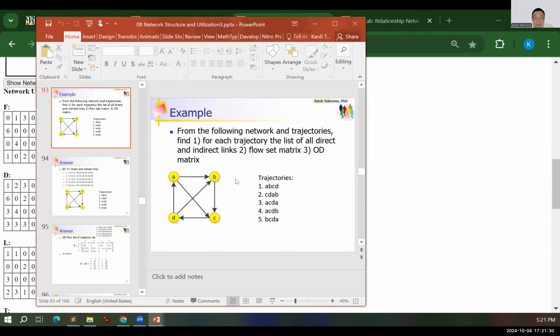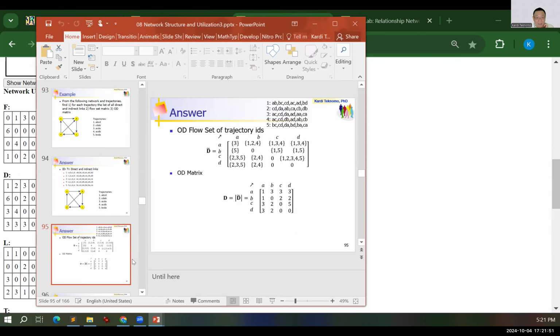You have this network, A, B, C, D, only four nodes, and these are the 5 trajectories. You can input them in the lab, and you're supposed to get this answer. Once you finish, you can show and share your screen.